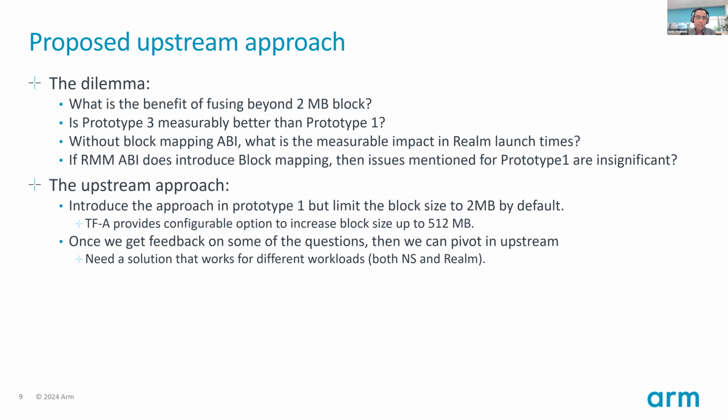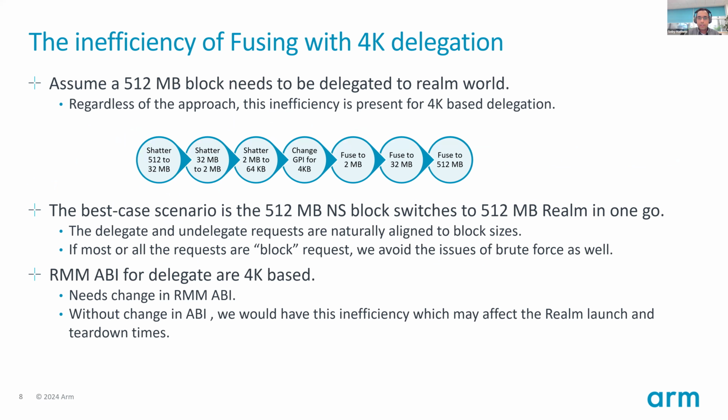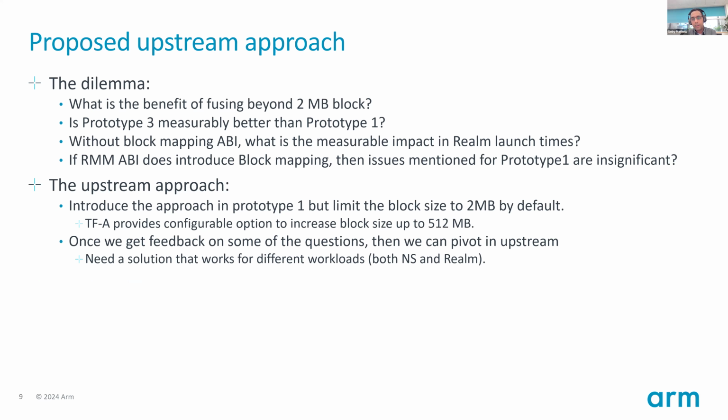Now, the third issue that we have today is, without the block mapping ABI, what is the measurable impact on realm launch times? Because as discussed in this slide, if indeed there is this shattering to all these intermediate block sizes and then fusing to the final block size, how does it impact realm launch times?